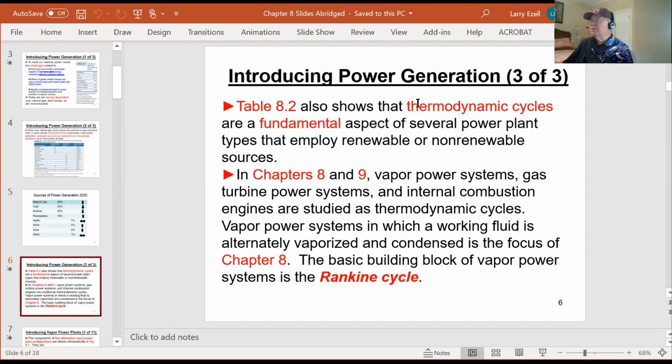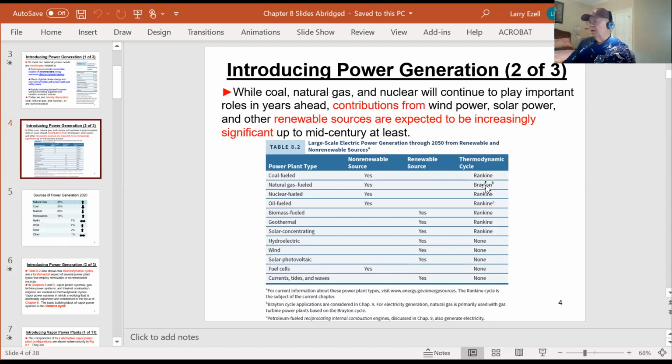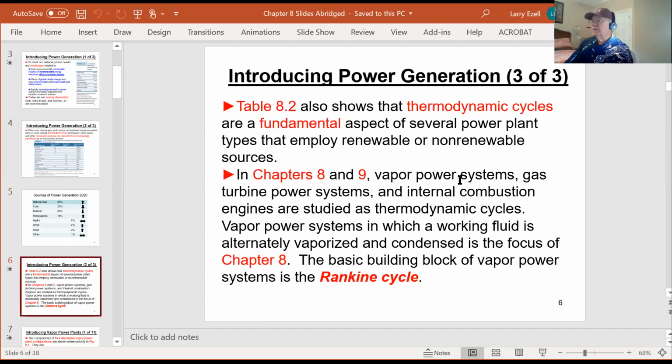And again, you saw table 2 that shows the different cycles. Let me just go back through it real quick. As you can see, in the non-renewables, all the way down to here, Rankine cycle and the Brayton cycle, and we're going to study both of those. Chapter 8 is the Rankine cycle, and just portions of the chapter we're going to study.